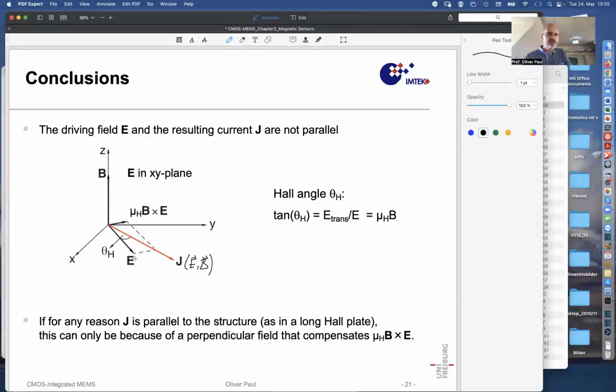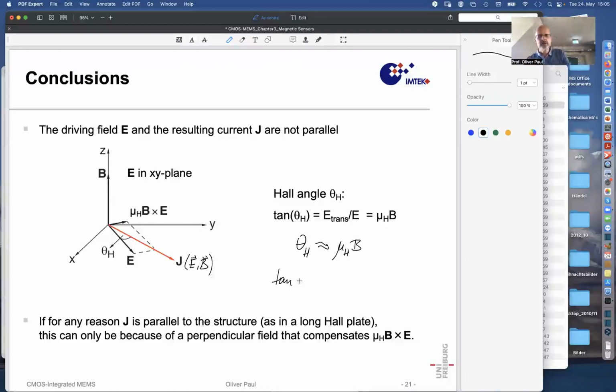And it's easy to see that the tangent of this theta H is equal to the transverse by the longitudinal component. And this is equal to mu HB, because B is perpendicular to E. And for small B fields, you can even say that the Hall angle is asymptotically equal to mu HB, because the tangent goes towards its argument for small arguments.